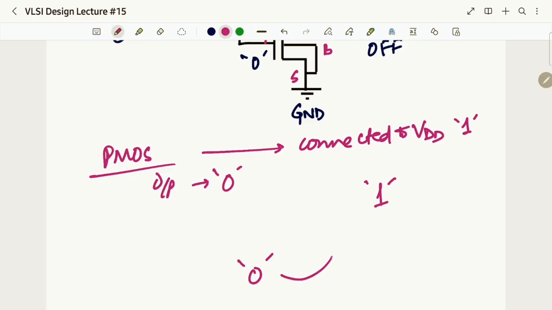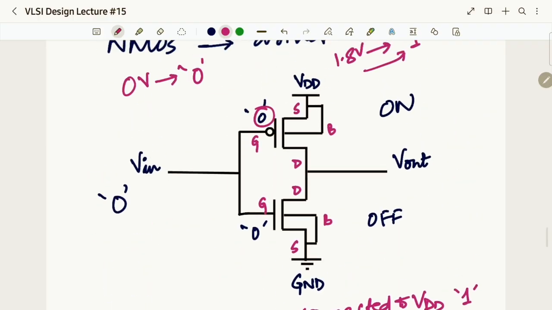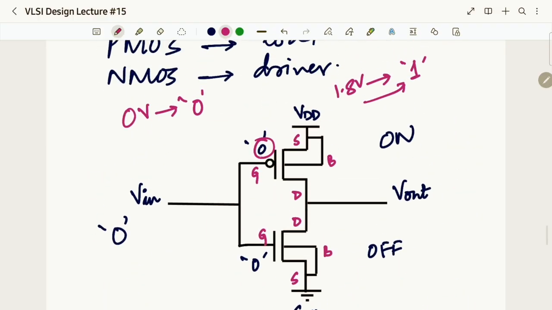So PMOS will pull it up to what level? To logic 1 level. So when PMOS is getting a 0 volt or 0 logic as its input, since it is connected to VDD, it will pull it up to a logic 1 and will pass it on as the output, and we will get logic 1 as our output.